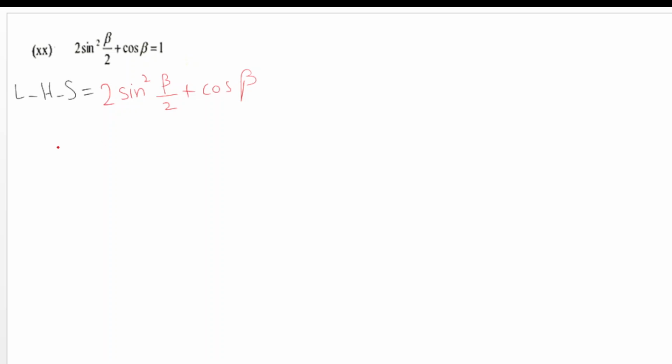So that will be equal to 2 sine square beta by 2 plus cos square beta by 2 minus sine square beta by 2.